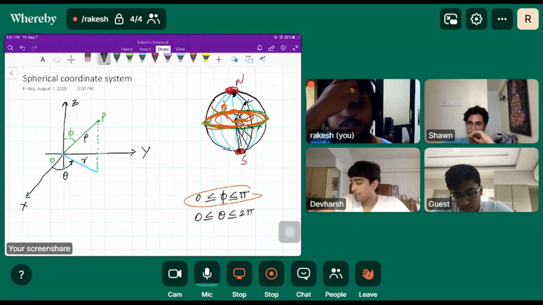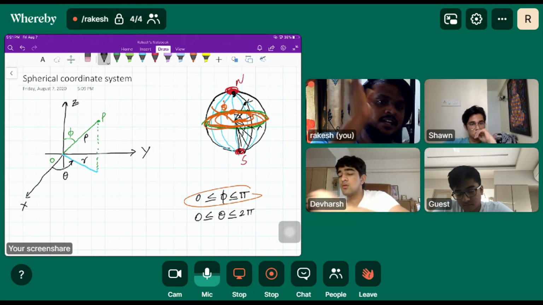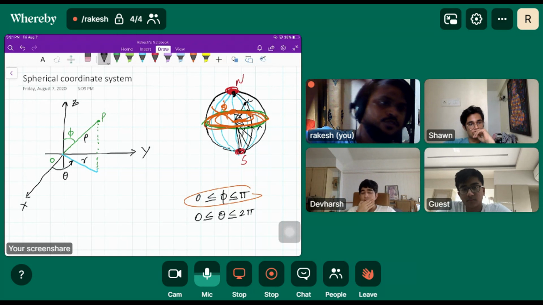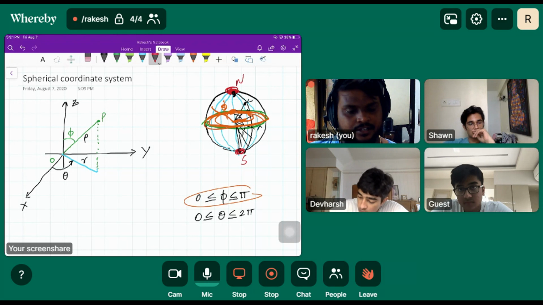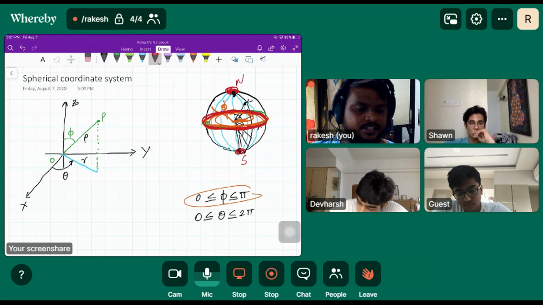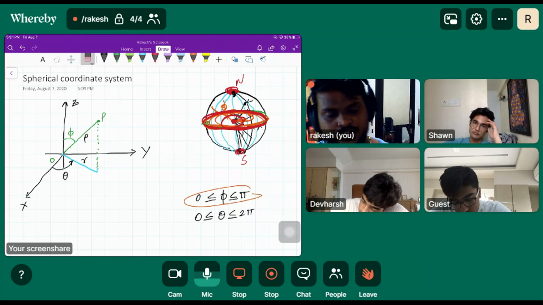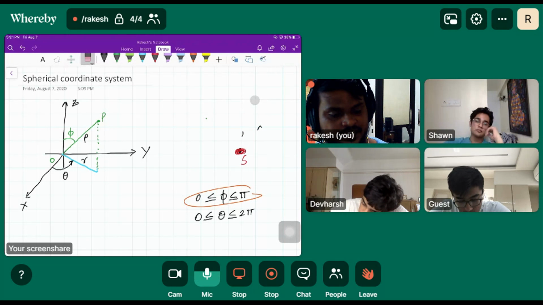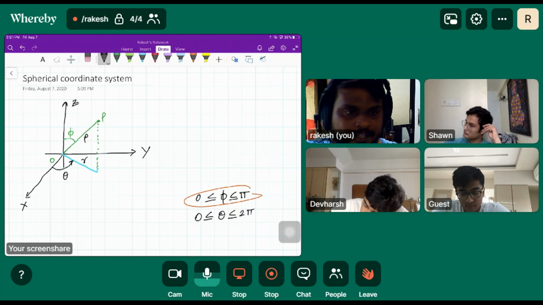If you go in the opposite direction, that also makes an angle with the z axis, and the extent of the angle is from 0 to pi, and around this line it goes from 0 to 2 pi. So that's basically the objective of my discussion: theta goes from 0 to 2 pi, and phi goes from 0 to pi.